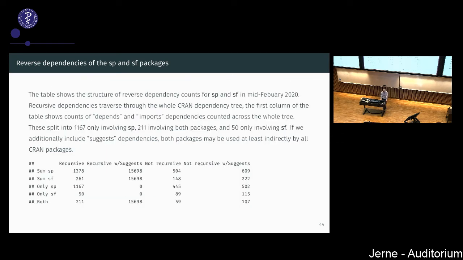To give you some tabulation, if we take the recursive depends and imports, then for only sp packages, we're at 1167, and 50 which are only sf, and then there are another 211 which use both of the packages because they're starting to migrate to sf. So the process at the moment is trying to migrate towards sf.